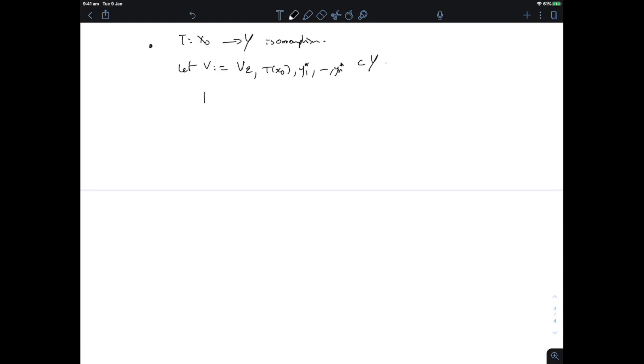Now, what is the inverse image by T of such a V? Well, it is the set of all x in X such that T of x is in V. And what does it mean that T of x is in V? It means that T of x is close to T of x0 from the point of view of the yj stars. So these things are all smaller than epsilon for all j equal 1 to n. But now, because T is a linear map, it's a bounded linear map, it has an adjoint.